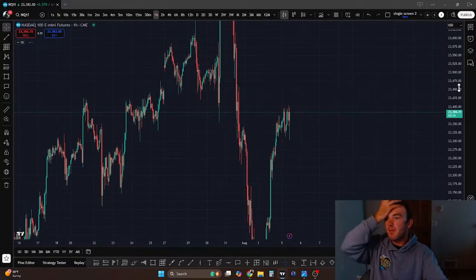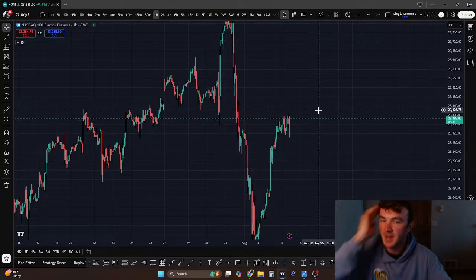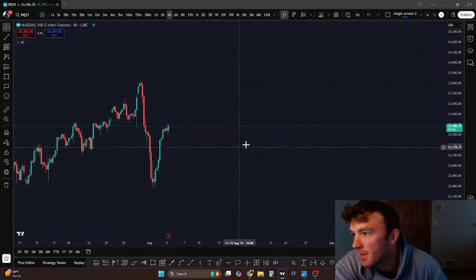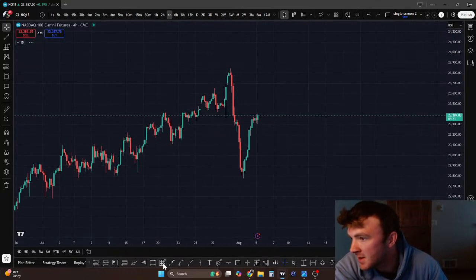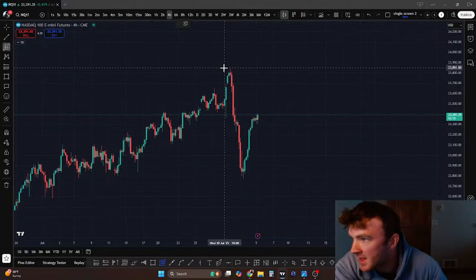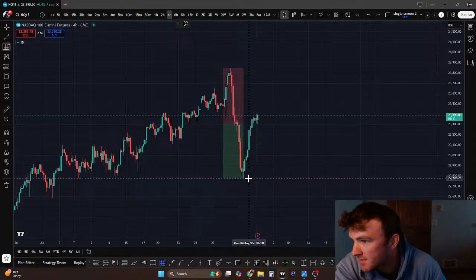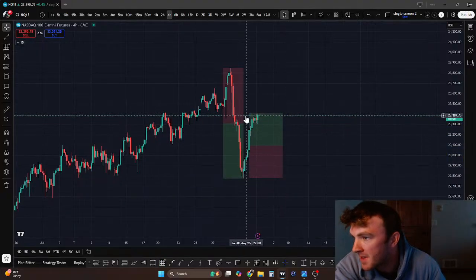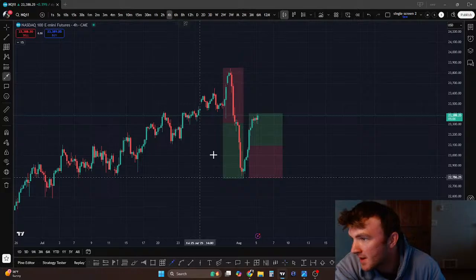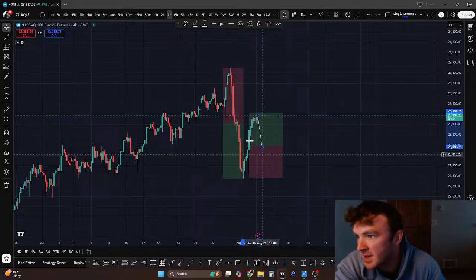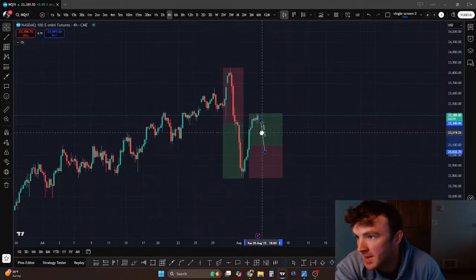So, one reason I liked this short, right, it made sense to me because this is something Keynes talked about: when you have a displacement leg and then you have a retracement, this move from the premium of the displacement leg to the discount of the original leg is going to be incredibly high probability.